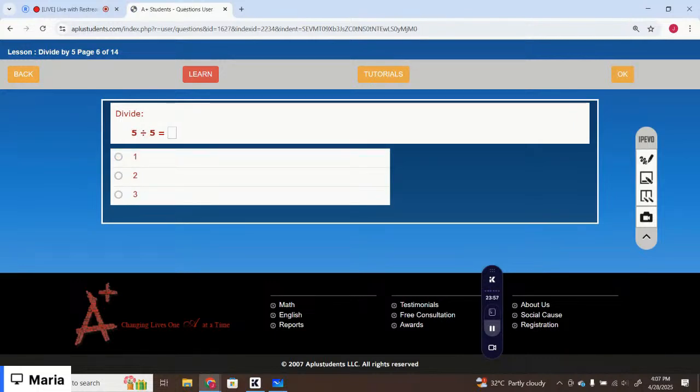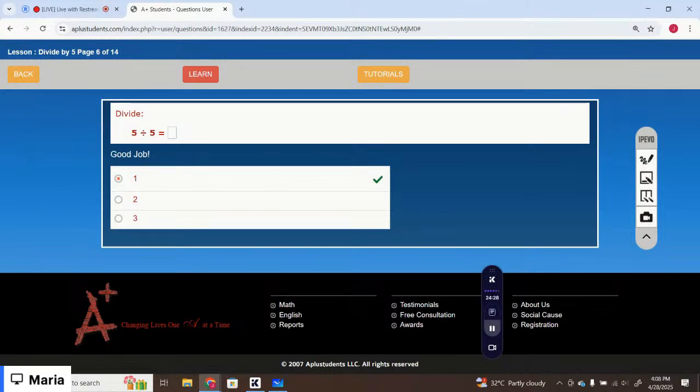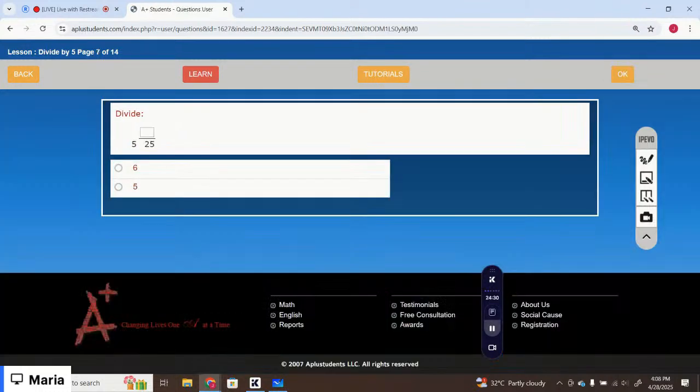5 divided by 5. Dividing a number by itself always makes the answer 1. So 5 divided by 5 is 1. 25 divided by 5.